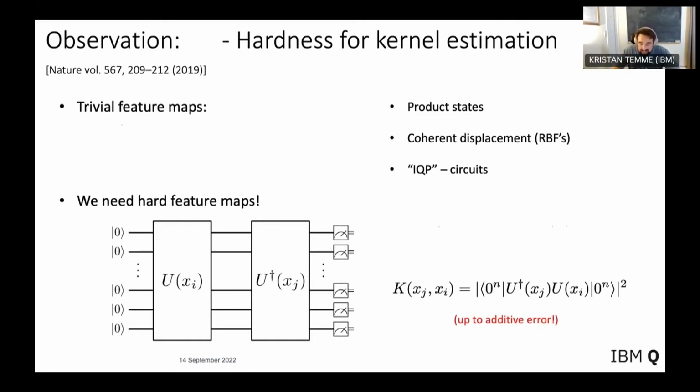That transition amplitude of that circuit turns out to be a kernel, a particular quantum kernel. And you can estimate this kernel on quantum hardware, and then think of various algorithms where you could insert such a quantum kernel.